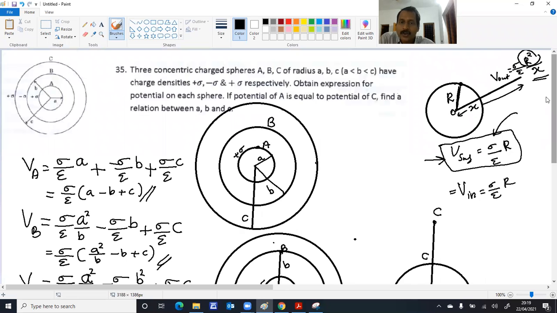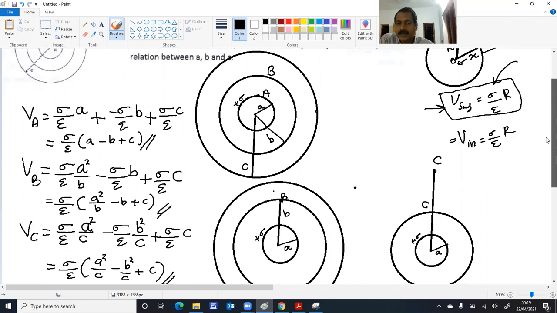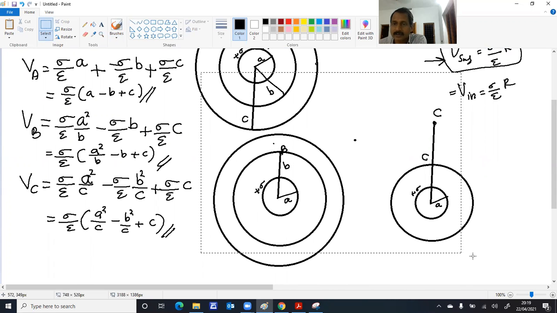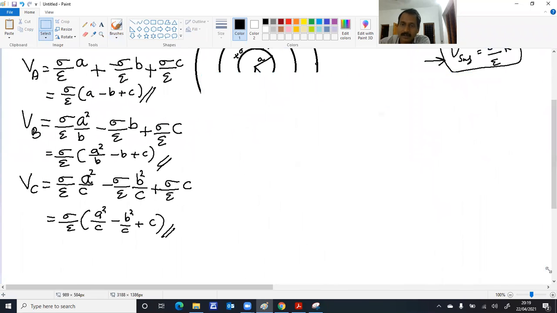They told potential of A is equal to potential of C. You can substitute and get the result from it.